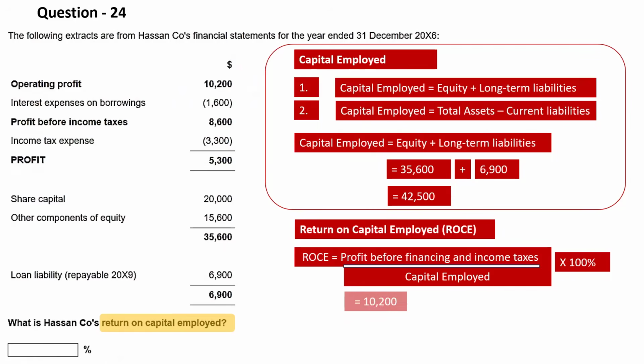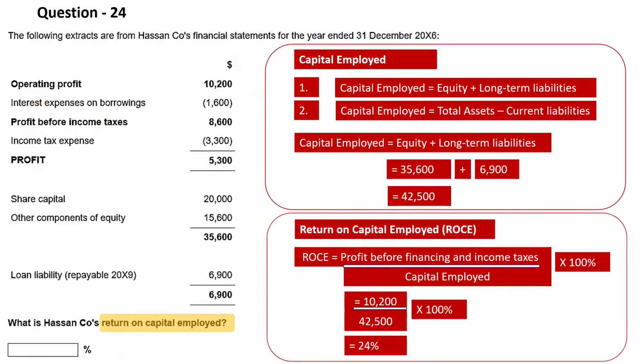Let's put it into the formula. Next, divide it by the amount of capital employed that we worked out in the previous step, that is 42,500, and multiply it by 100%. And this gives us the answer, 24%. Let's put 24% into the answer bar at the bottom of the question.